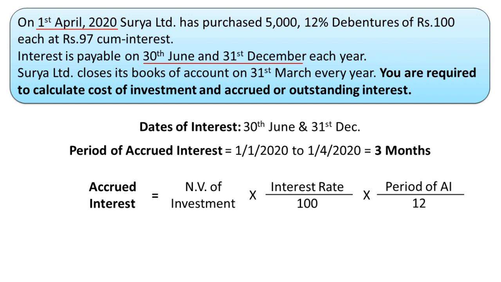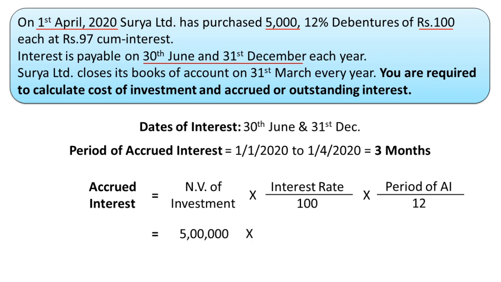Now let us put the figures in this formula. Nominal value, that is number of debentures purchased multiplied by its face value. The number of debentures purchased is 5,000, face value is 100 per unit. So 5,000 multiplied by 100, 5 lakhs, multiplied by rate of interest.